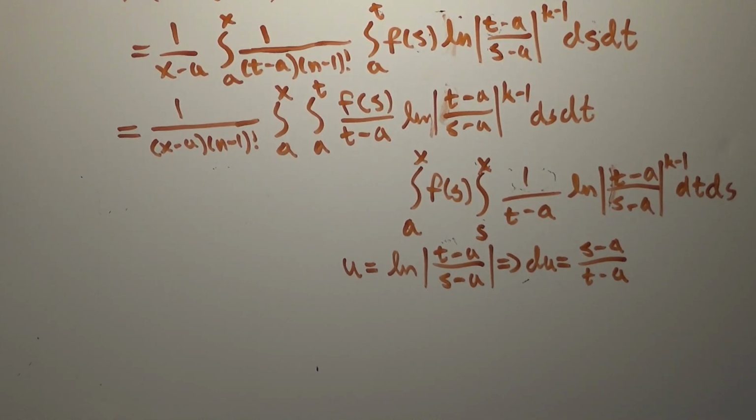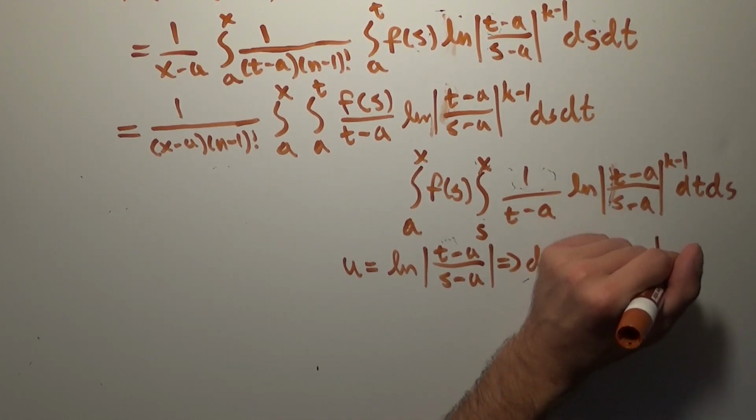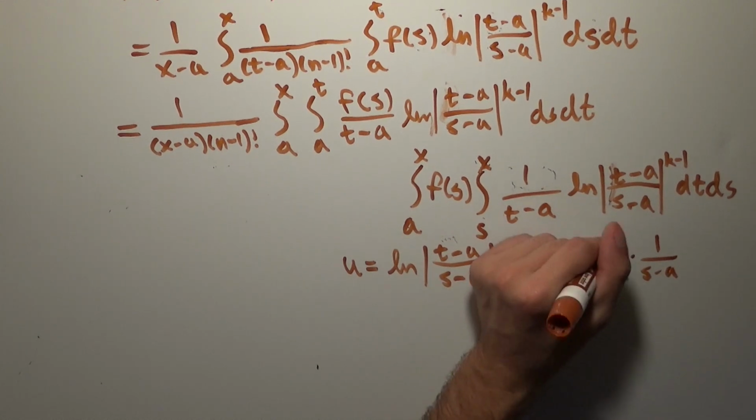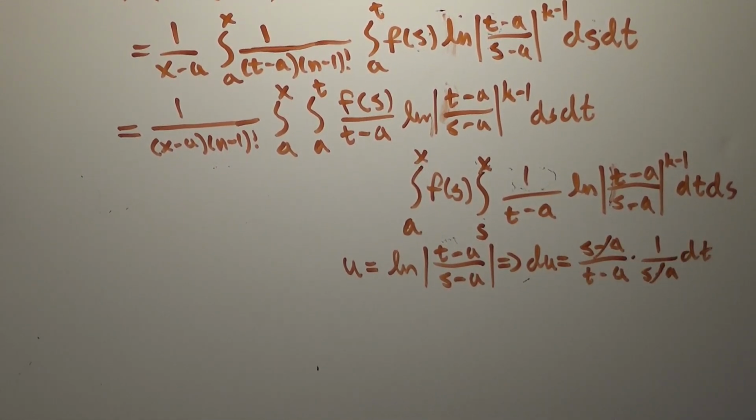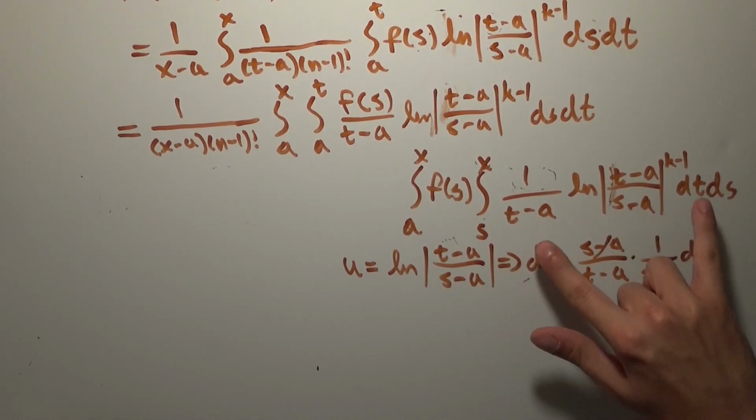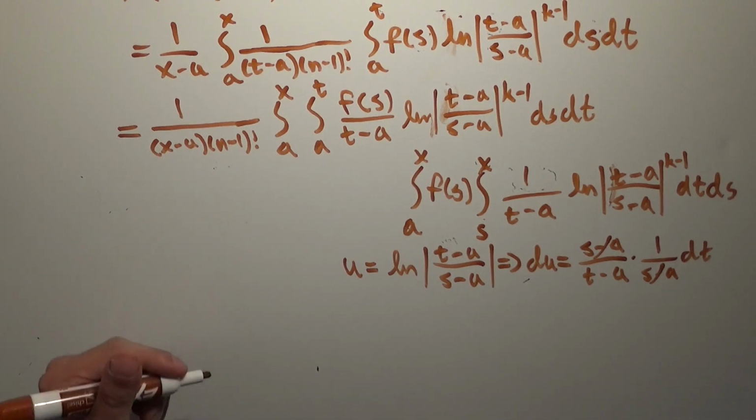But this is with respect to t, so we're just going to get 1 over s minus a. So times 1 over s minus a, and those will cancel, and we'll just get 1 over t minus a dt, which is precisely what we have anyway, right? So doing this as our u and then this as our du really simplifies the integral.